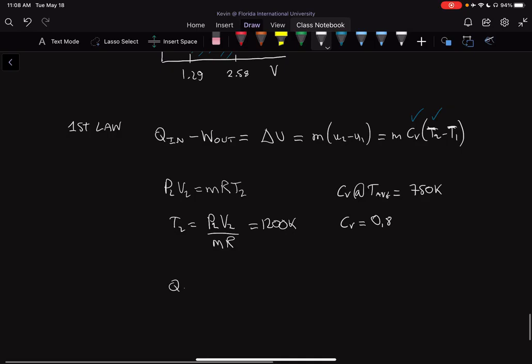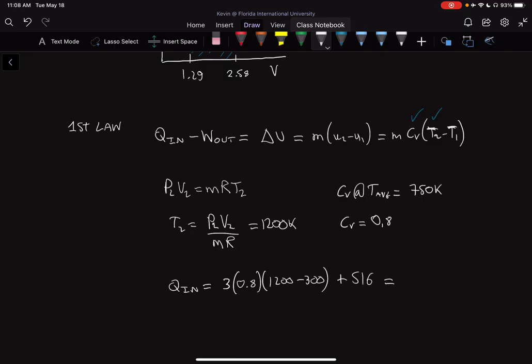So we have Q in is equal to delta U, so 3, the mass, times 0.8, times the change in temperature, 1,200 minus 300, plus 516, which is our work.